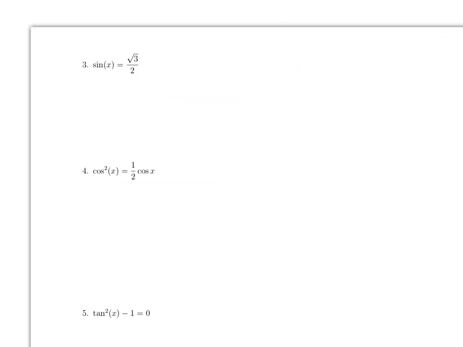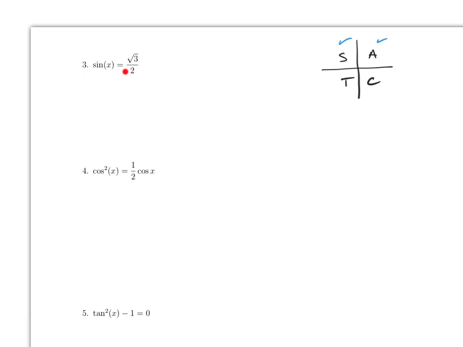All right, so let's do a few more examples. So sine of x is a positive radical 3 over 2. So again, since sine is positive, that means the first angle has to be in the first quadrant and the second one in the second quadrant.